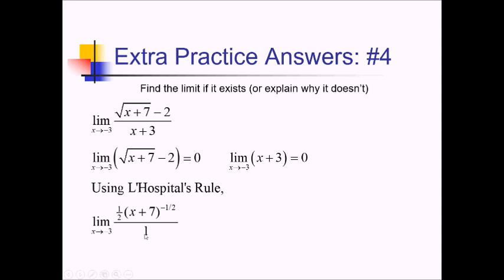So we just have 1 in the denominator. So now, plugging in -3, I can rewrite this as 1 over 2 times the square root of -3 plus 7, or the square root of 4. So the square root of 4 is 2. 2 times 2 is 4. Hence, 1 over 4.